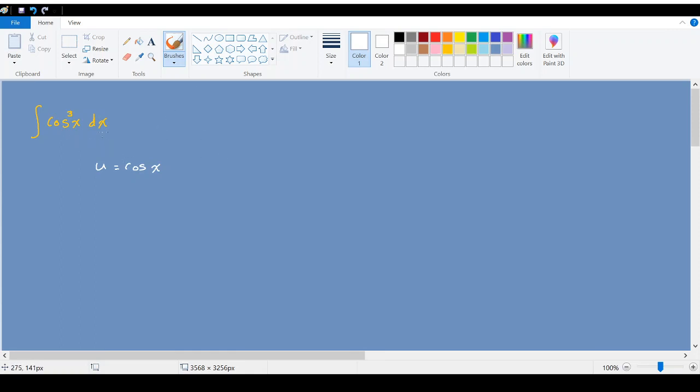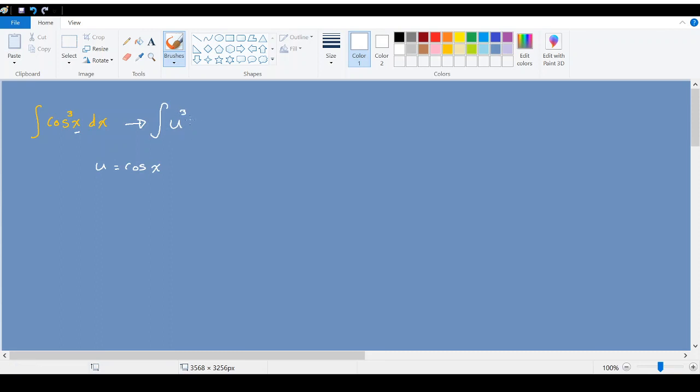Okay, so for this integral, it's natural to use the substitution of u equals cos x, right? But there is a small problem here. With this substitution, we will be converting this integral to the terms of u, right? So this integral is in terms of x, and along with the substitution, we will be converting it in terms of u.